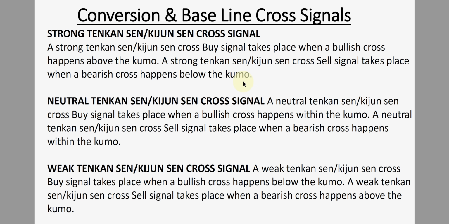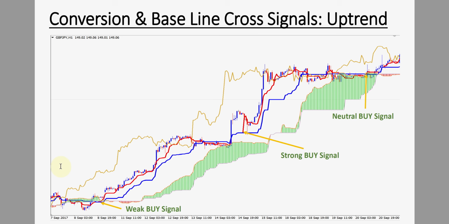When signals happen inside the cloud, we say it is neutral. And when signals happen in the wrong direction of the cloud, we say it is a weak signal. Example, a bullish signal happening below the cloud is a weak signal. A bearish signal happening above the cloud is a weak signal.